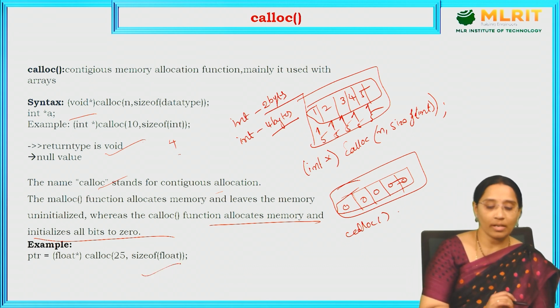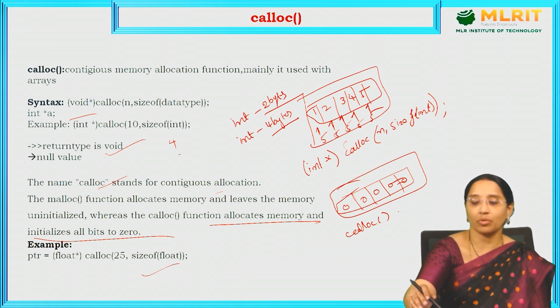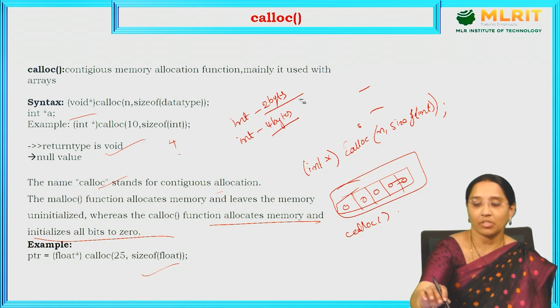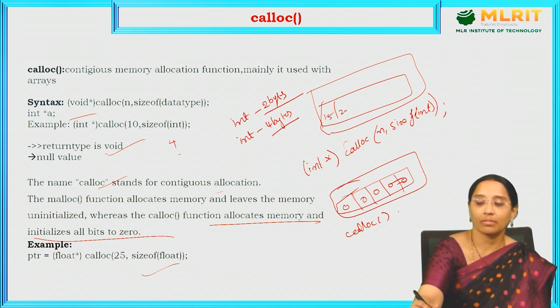This is another example: ptr is equal to float pointer. Suppose I want to allocate memory dynamically in the heap section to store floating point values.